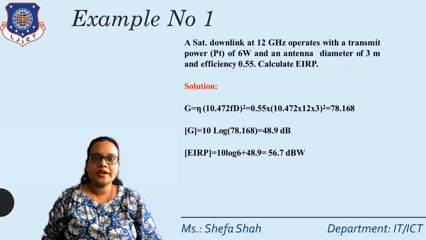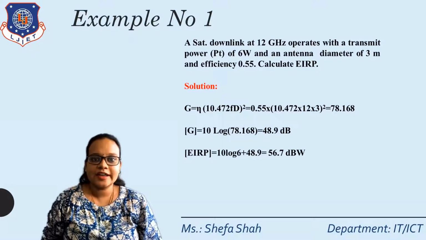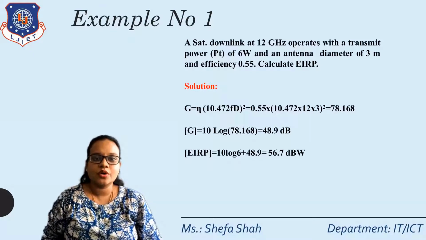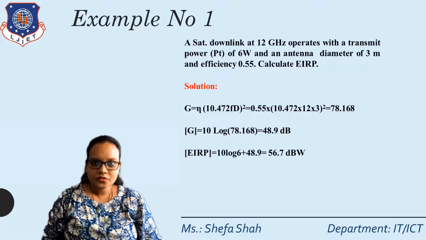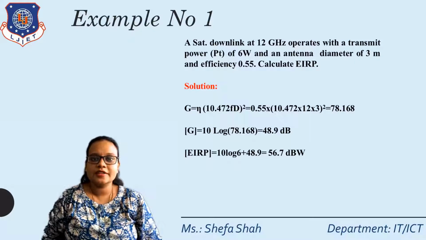Whenever we want to calculate in decibels, we need to take 10 log on both sides and apply the rules of logarithms. As we know, EIRP is equal to PT into GT. So when we calculate EIRP in decibels, EIRP in square bracket will be equal to PT in square bracket plus GT in square bracket.